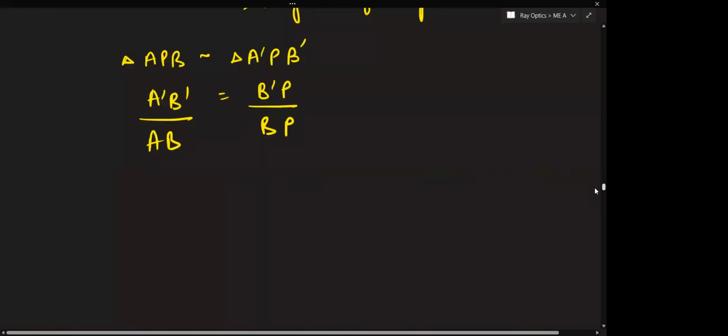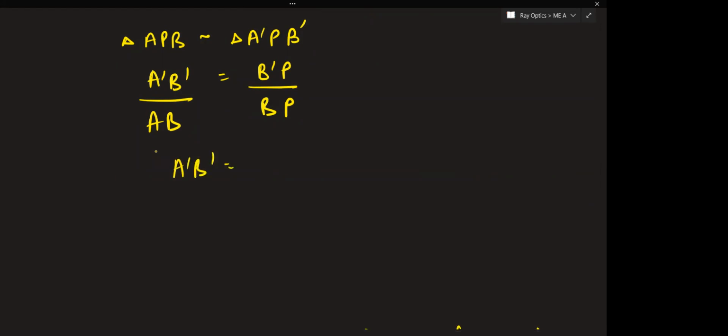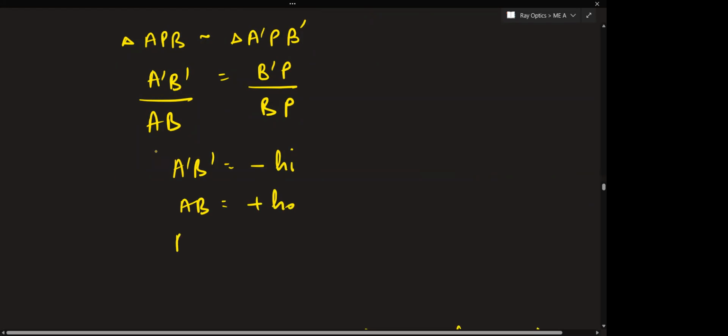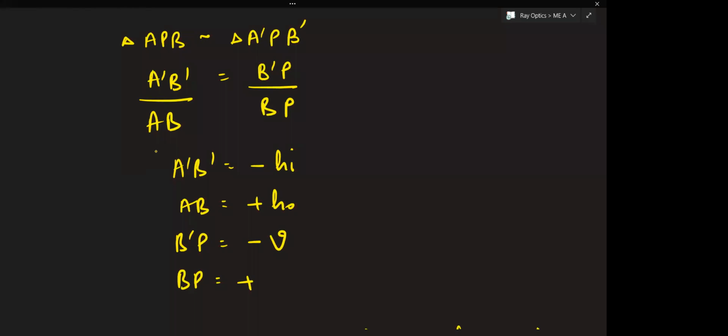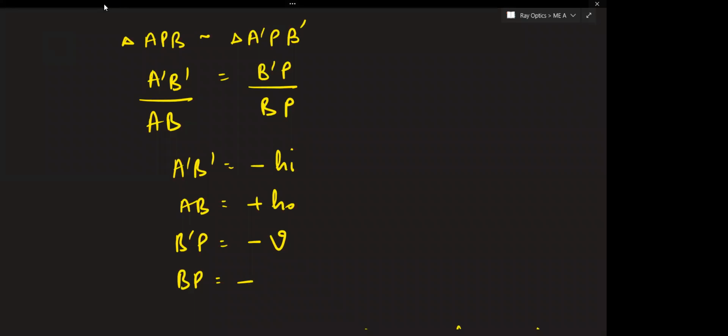Now see, what will your final linear magnification be? A dash B dash will be minus height of image, AB will be plus height of object, B dash P will be negative of image distance, and BP will also be negative of object distance.